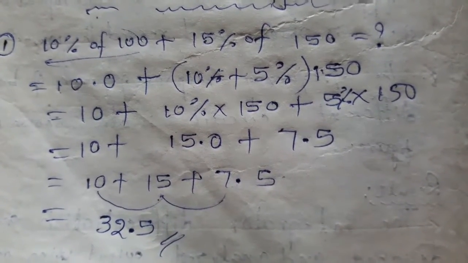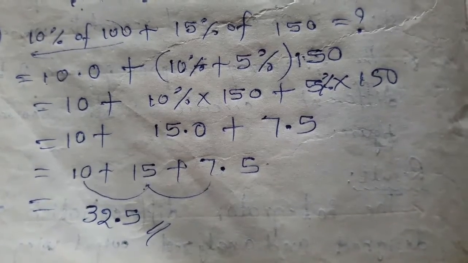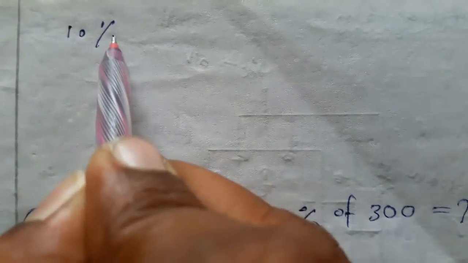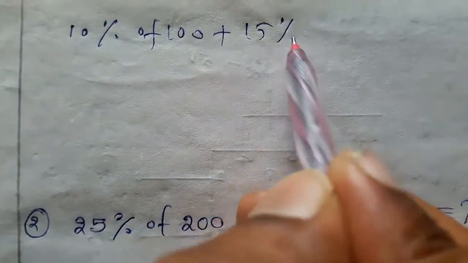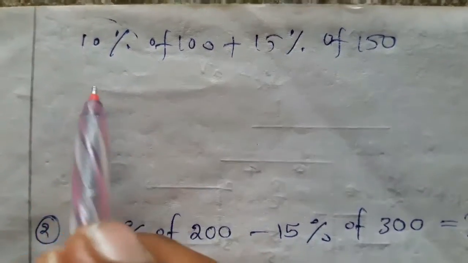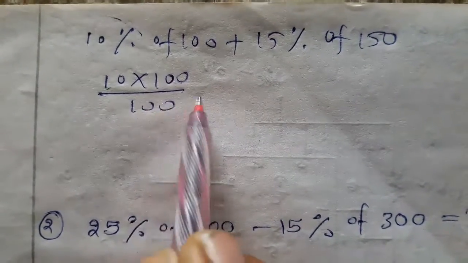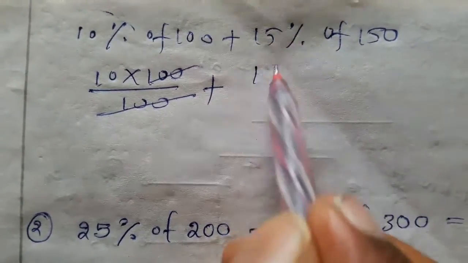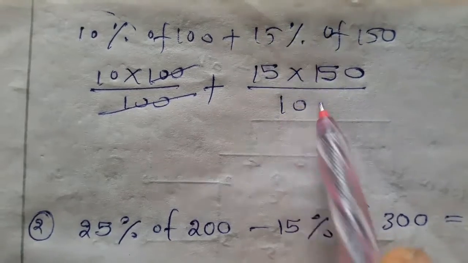But do the actual method, I mean the traditional method. In the traditional method, 10% of 100 plus 15% of 150. So 10%, that means 10 into 100 by 100. This 100 cancels, plus 15 into 150 by 100.